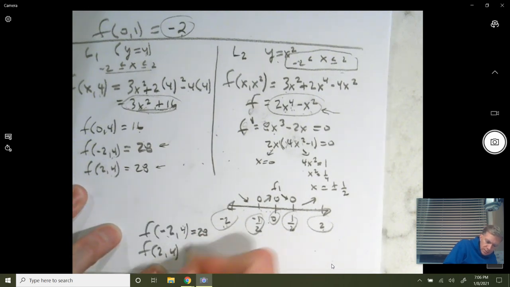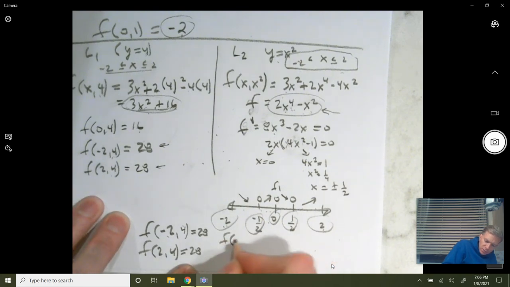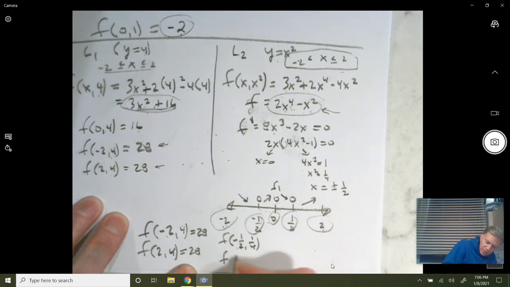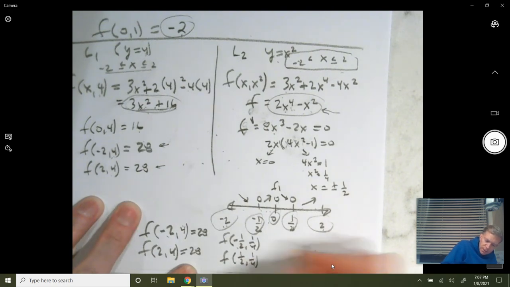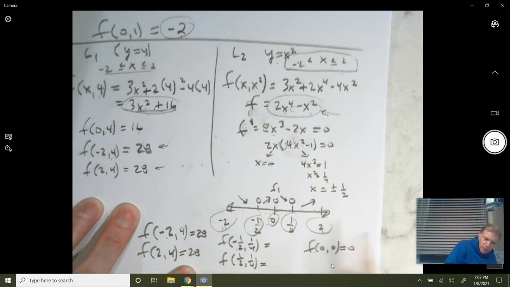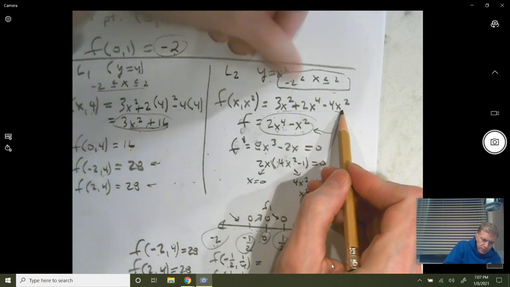So these equal 28. Now we've got f of -1/2, comma, 1/4, and f of +1/2, comma, 1/4, and that's equal to something. Then we have f of 0, 0, which will equal 0, because plugging into your function, everything would be 0.